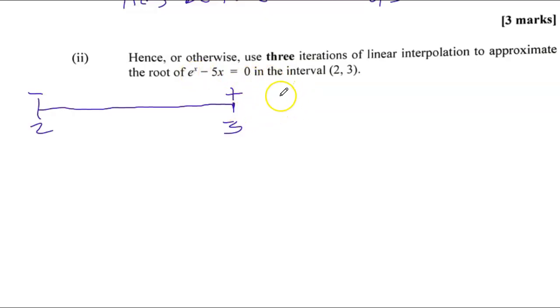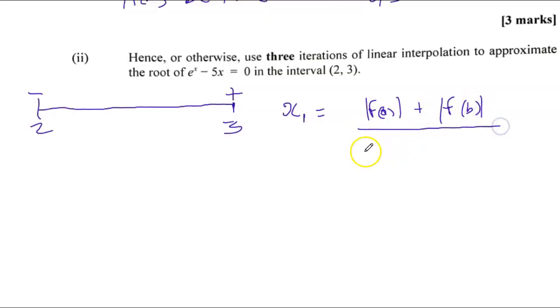So for the first iteration, I'm going to use x subscript 1. And the formula for linear interpolation, very easy to recall. So we have the modulus of f(a), plus the modulus of f(b), over, same thing, modulus of f(a) plus modulus of f(b).